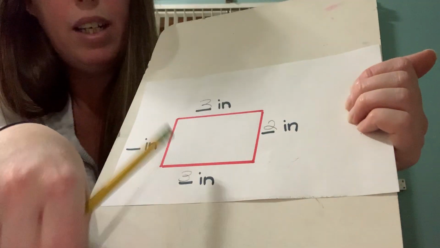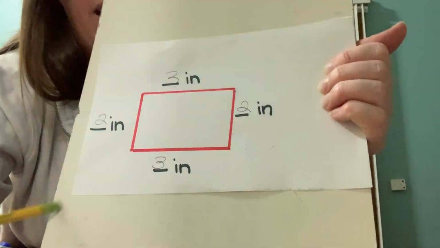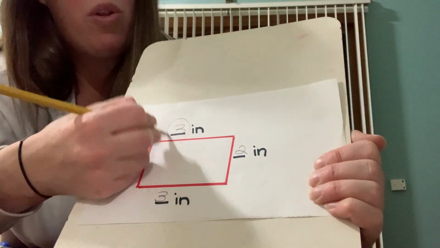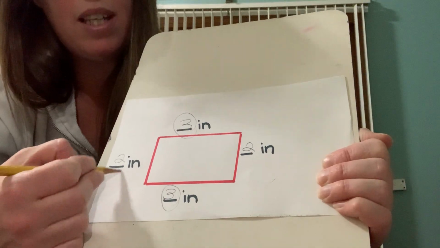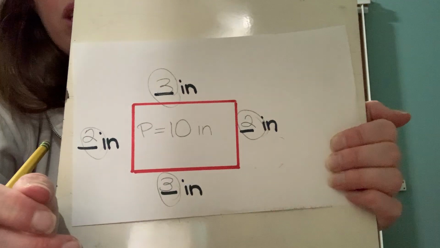And then finally, my last side is 2. When I add it up, 3 plus 3 is 6, 7, 8, 9, 10. And I'm not going to say the perimeter is 10 units because I know those units are now inches. So the perimeter of this would be 10 inches.